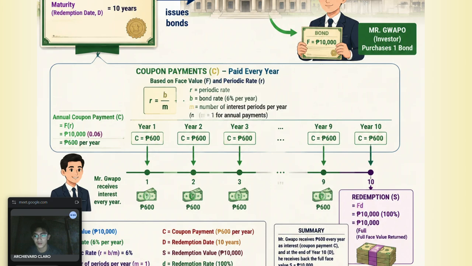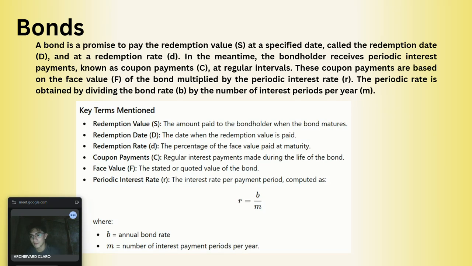Now, let's proceed to what really a bond is. A bond is a promise to pay the redemption value S at a specified date, called the redemption date or D, at the redemption rate.